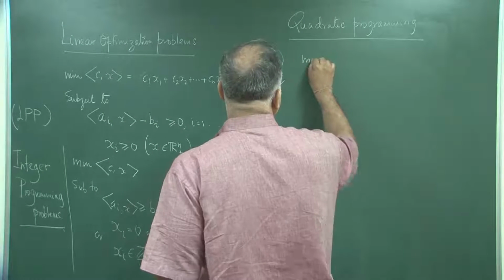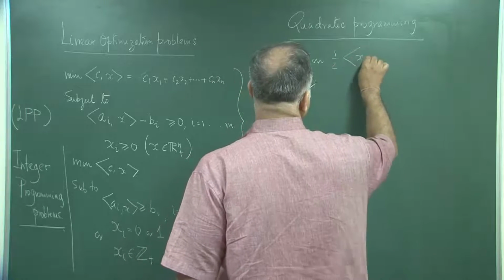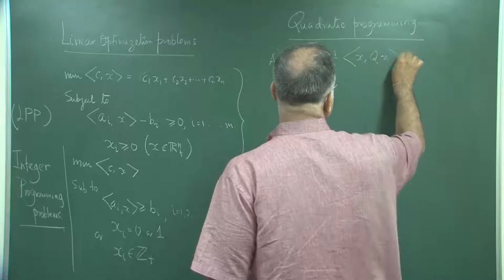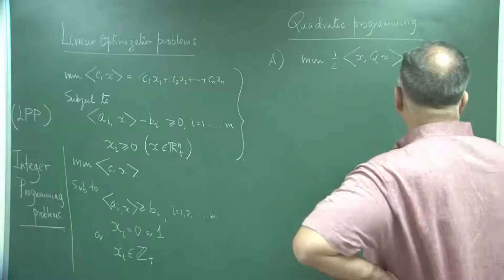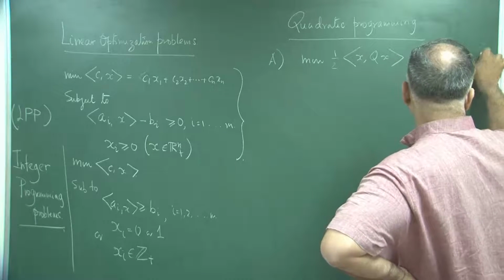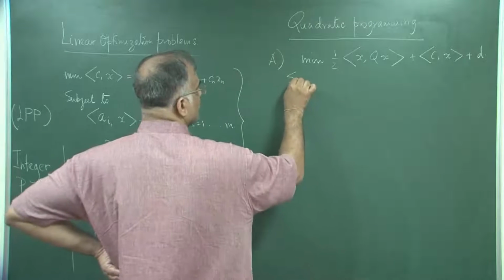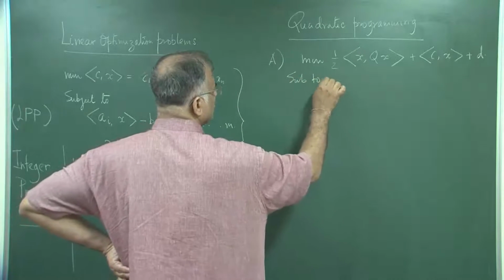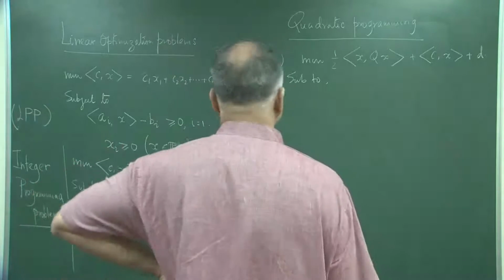So you minimize a quadratic convex function, Q is positive semi-definite, plus an affine term c x plus d, subject to the same thing.